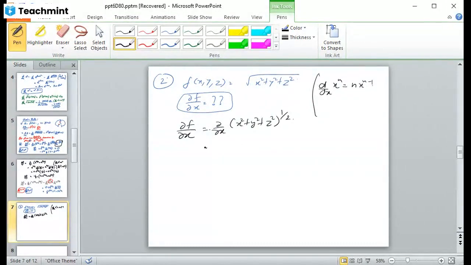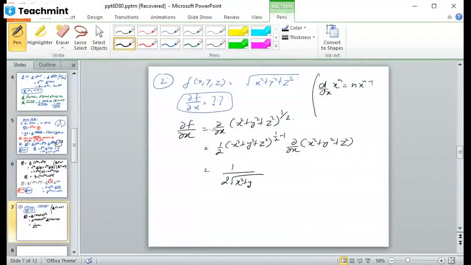Power rule means 1 by 2 times (x square plus y square plus z square) raised to the power 1 by 2 minus 1. Firstly, we apply the power rule, and then ∂/∂x of u, where u is x square plus y square plus z square. So this gives 1 by 2 square root of x square plus y square plus z square, because 1 by 2 minus 1 is minus 1 by 2.